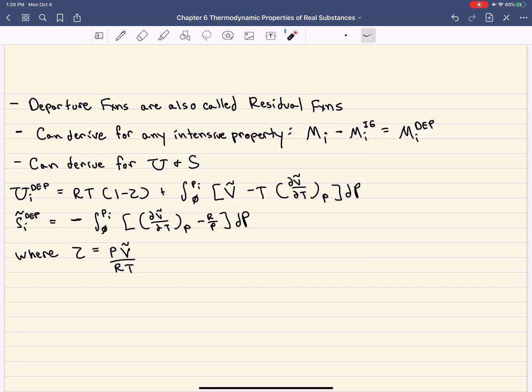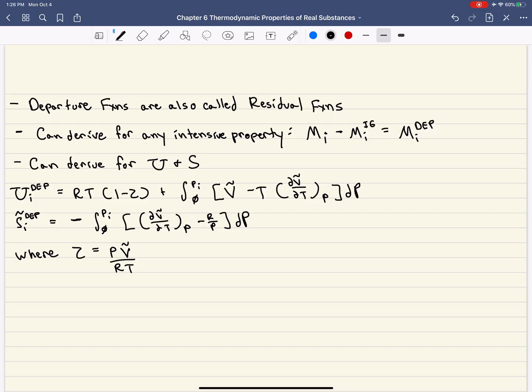But a lot of times you can't rearrange the equation of state so that it's explicit for volume. For instance, with the van der Waals equation, you can't rearrange it to just have volume on the left-hand side and everything else on the right-hand side.